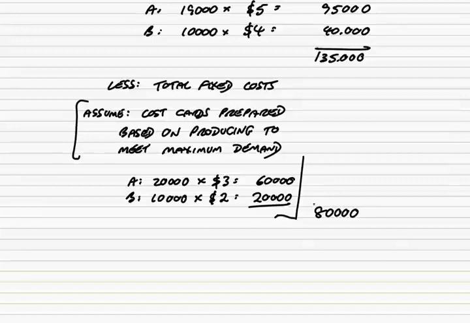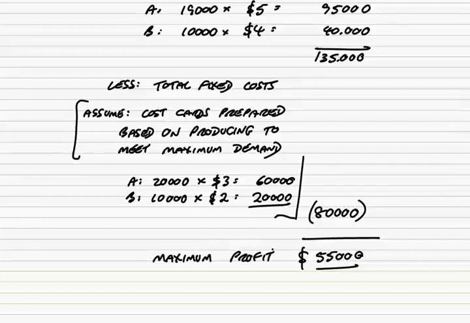Fixed overheads, we're saying, will stay at 80,000 whatever happens. And that leaves us, therefore, with a profit of 55,000. And again, since we'd worked out the maximum possible contribution, that 55,000 is the maximum profit. And there we are. We'd worked out optimal production, 19,000 A and 10,000 B. And the maximum profit we'll generate is 55,000.